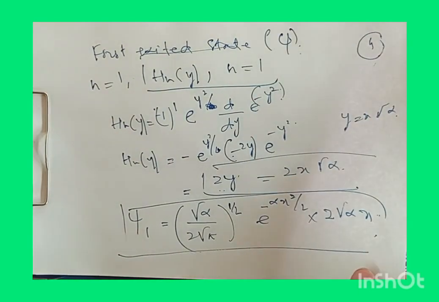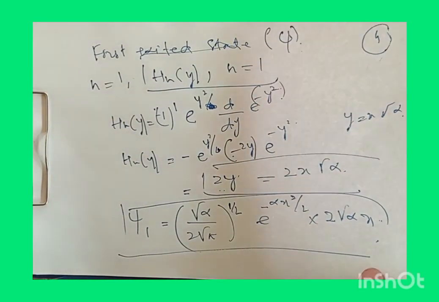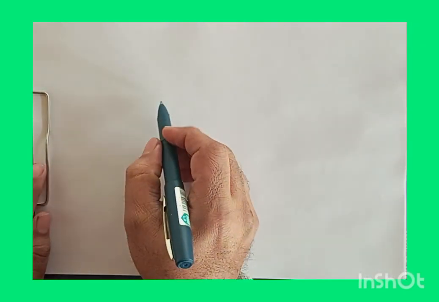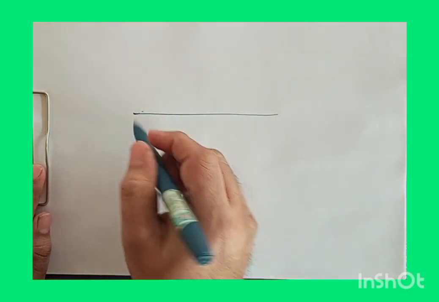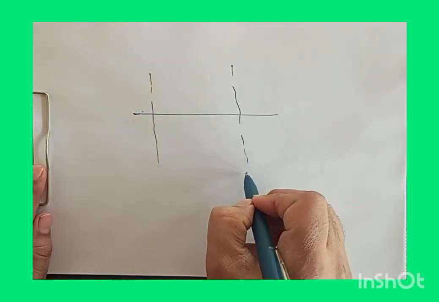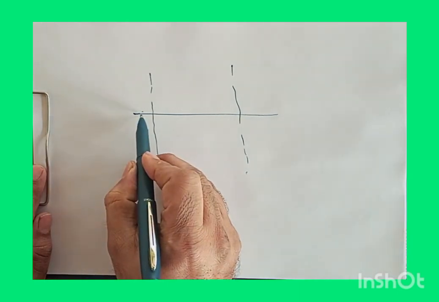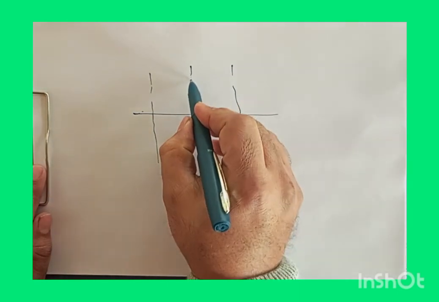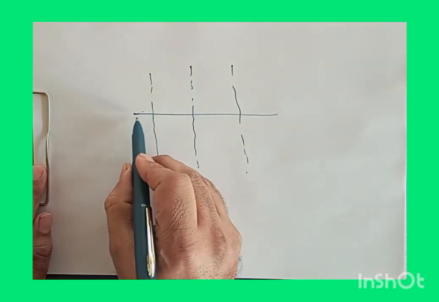So this is going to be the wave function that we will have for the first excited state of this harmonic oscillator, and when we plot this equation, what we obtain is a behavior like this. We have to have the classical limits first. And what's the behavior like? Let me have some reference line here.